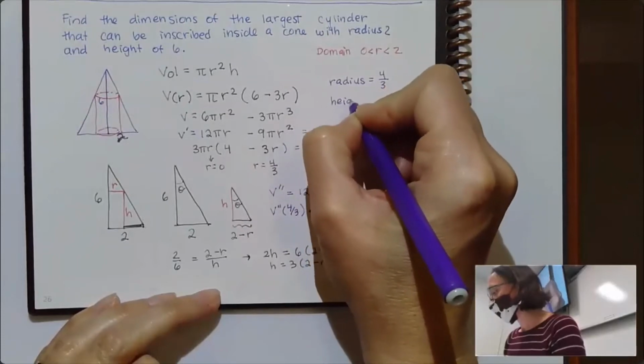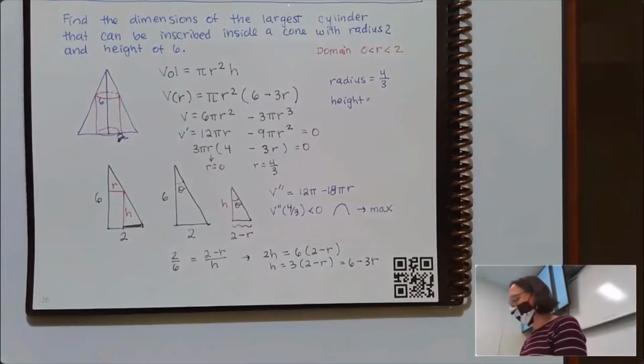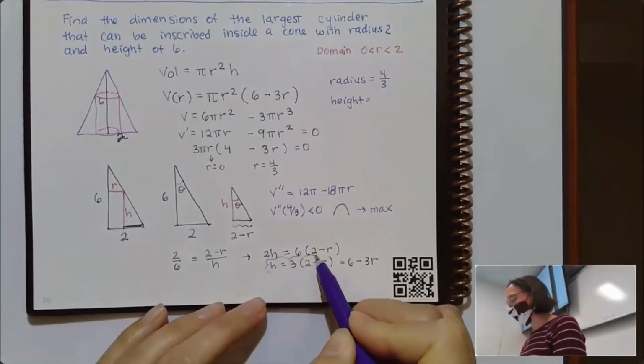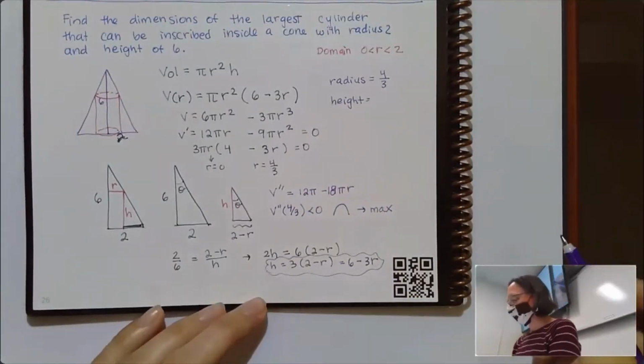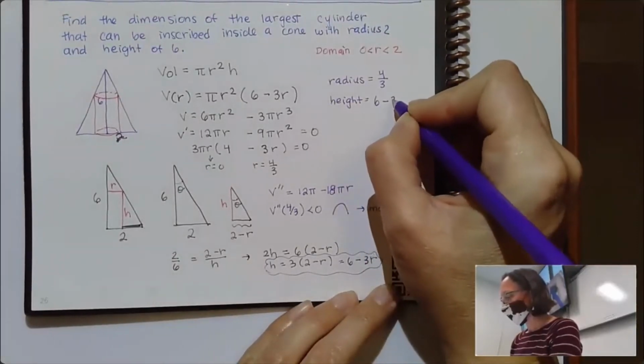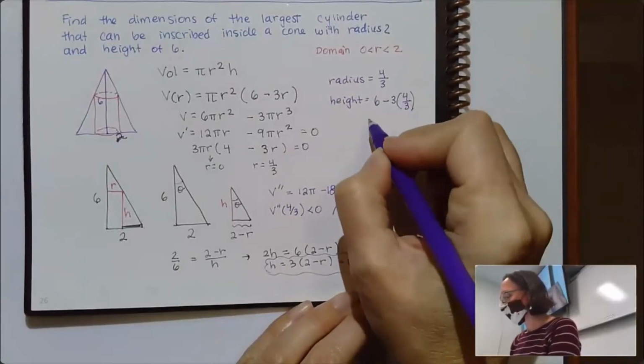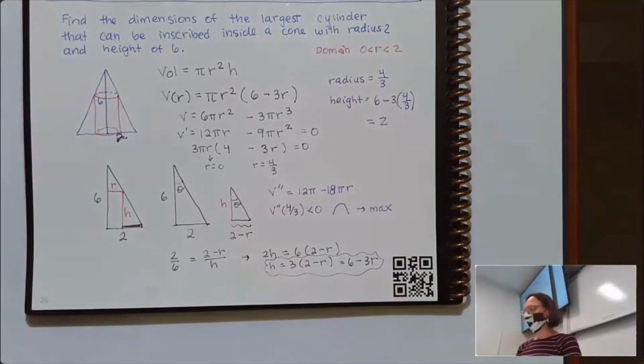And for the height, I want to plug it back into our equation that says height equals, and that is hiding right down here. So I would say my height is 6 minus 3 times 4/3, or 2.